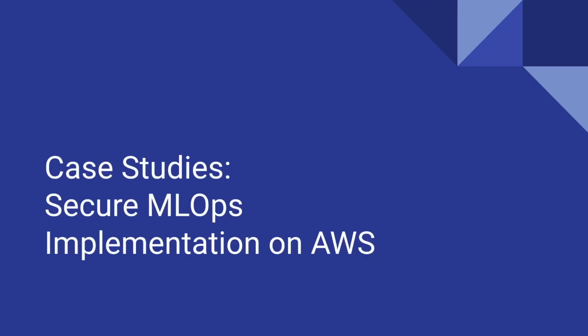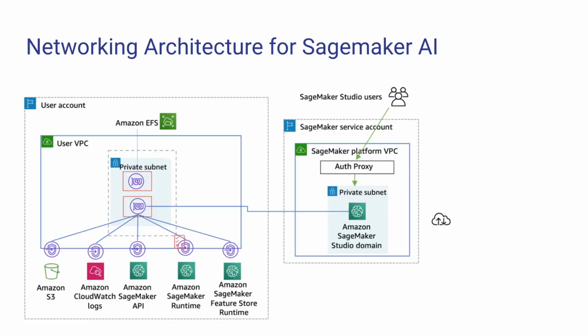Next, let's have a look at some of the case studies for implementing secure MLOps pipelines on AWS. This first case is a simple implementation of SageMaker AI. SageMaker AI can be deployed within a VPC, which essentially is deployed within a private subnet.